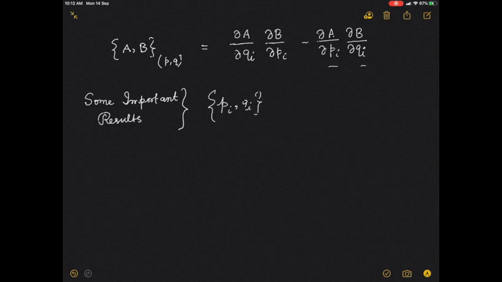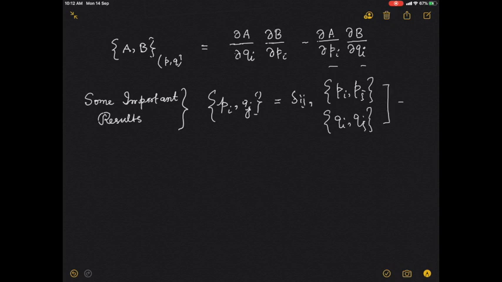If I have pi Poisson bracket with qj, this is 1 if i equals j, otherwise it is 0. So this is delta ij. And then if I have pi with any p, or qi with any q, these are 0.